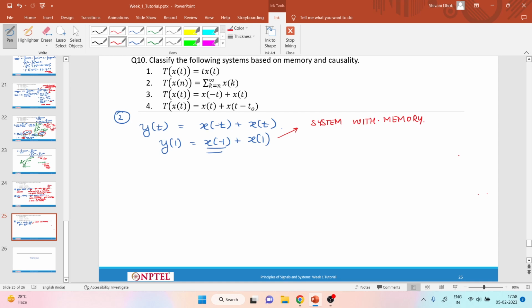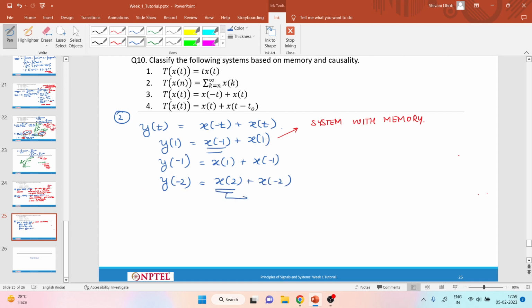Now, is it a causal system? Yes, madam. Causal. Okay. Now let us see y of minus 1. What is its value? x of 1 plus x of minus 1. This also looks fine. Now let us look at y of minus 2: x of 2 plus x of minus 2.